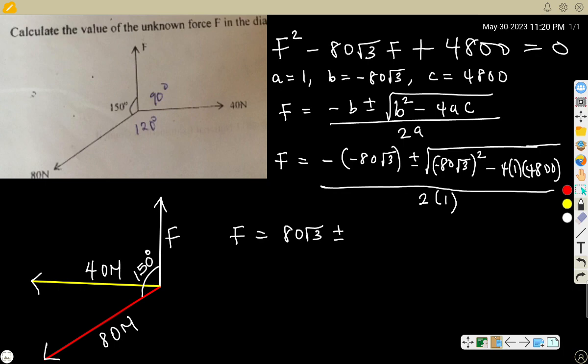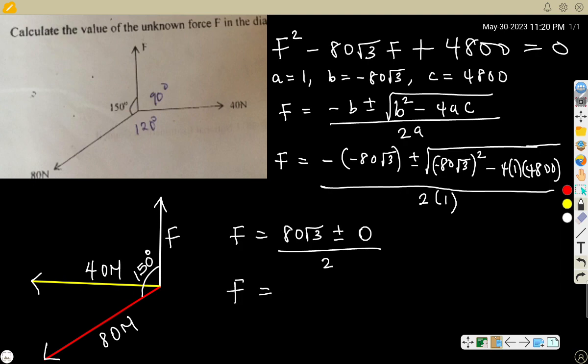So everything inside the root is 0. So the square root of all this gives us 0, divided by 2.